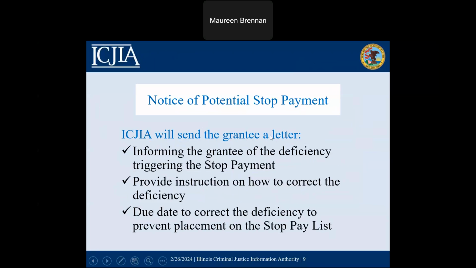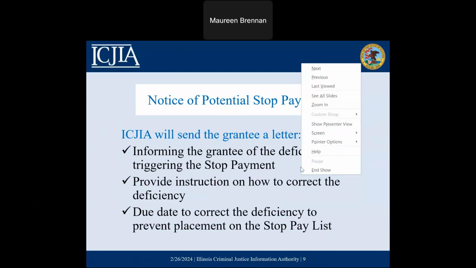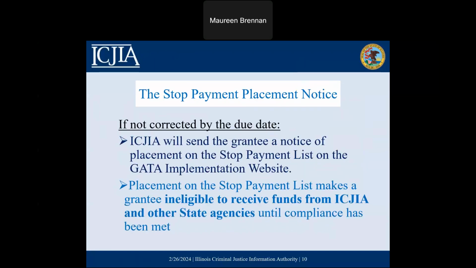If you are placed on the stop payment list, we'll send you a notice of the placement, and you'll be placed on the GATA implementation website. Placement on the stop payment list makes a grantee ineligible to receive funds from the authority and from other state agencies.